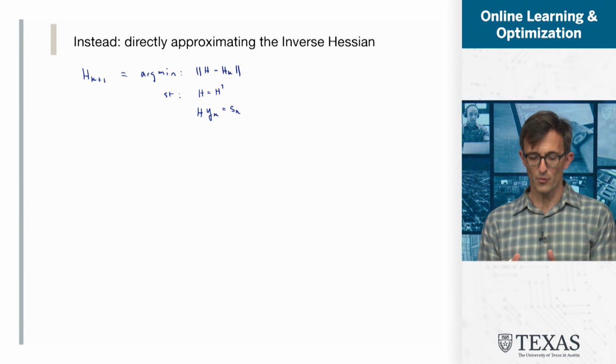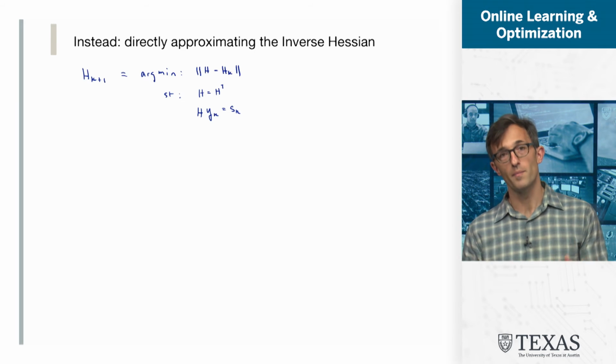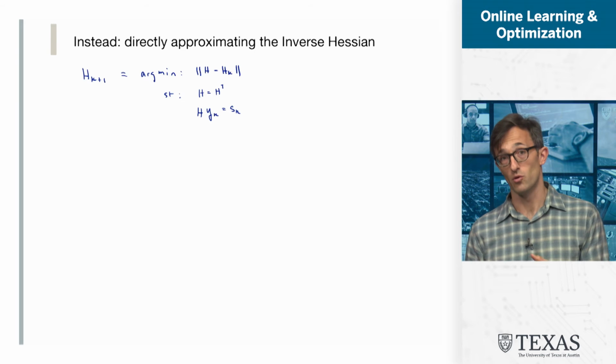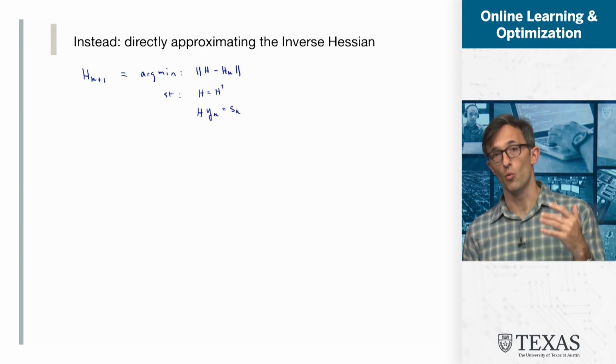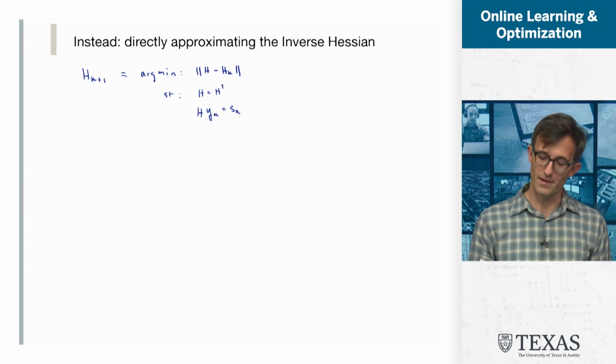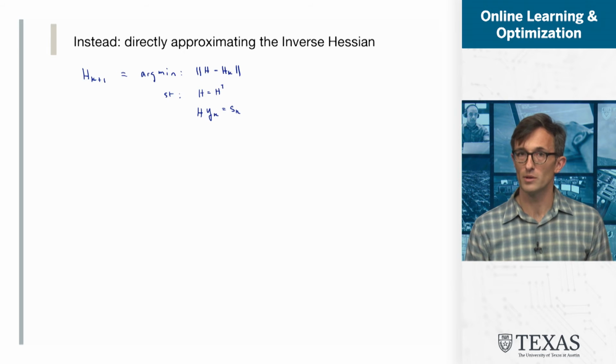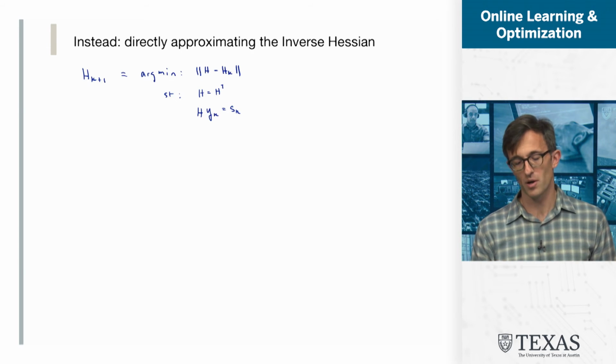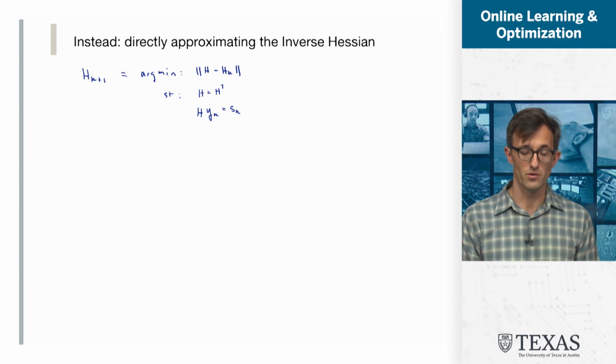Okay, so now that we're focusing on H_{k+1} and iteratively updating H_k, it's time to talk about the choice of norm, and that will allow us to get to the specific expression for what H_k is. So the norm, again, you're welcome to choose any norm you like, and then if you solve this optimization problem, you have a quasi-Newton method.